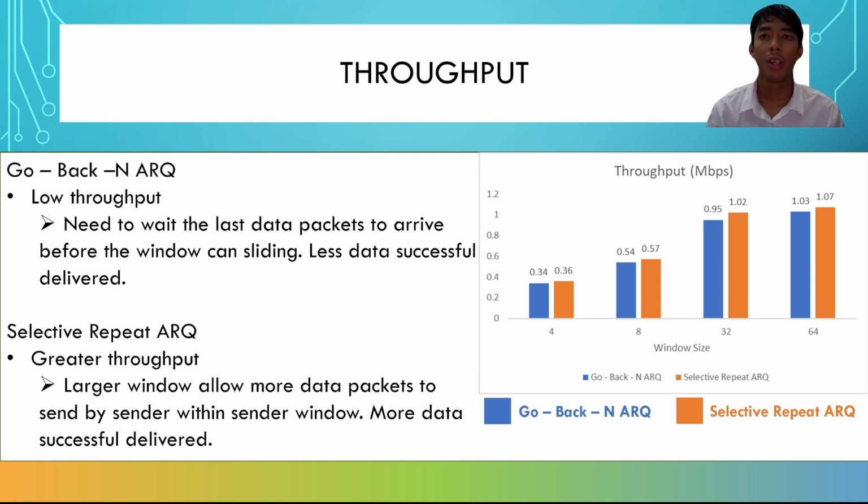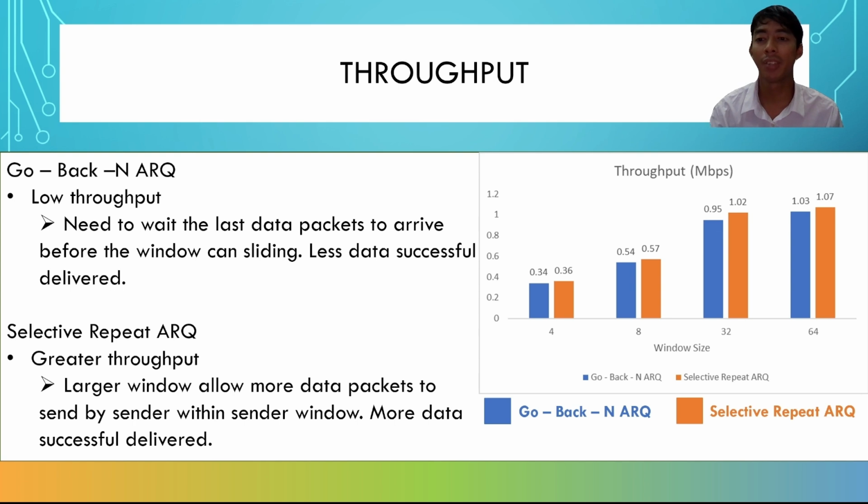So if packets 1, 2, 4, 5 arrived successfully, but 3 has an error, packets 3 to 5 must be retransmitted from the sender to the receiver. So it needs more time.